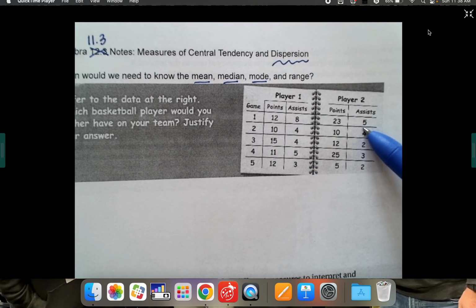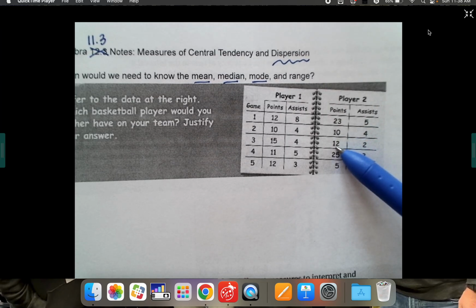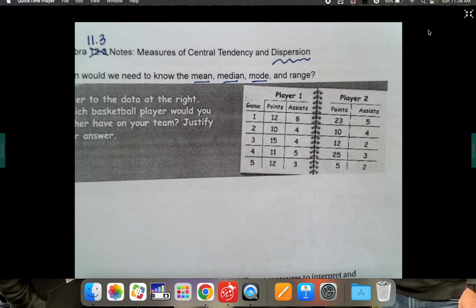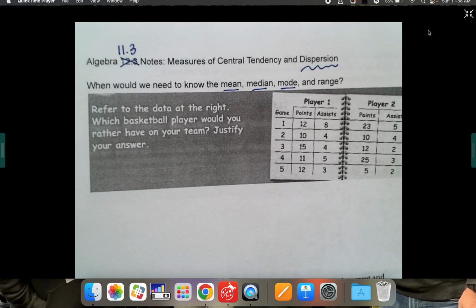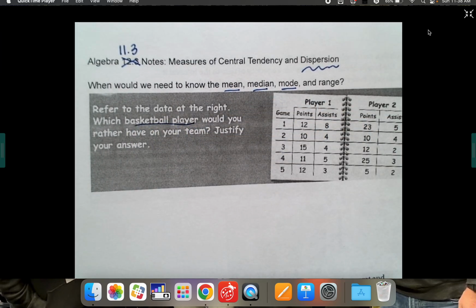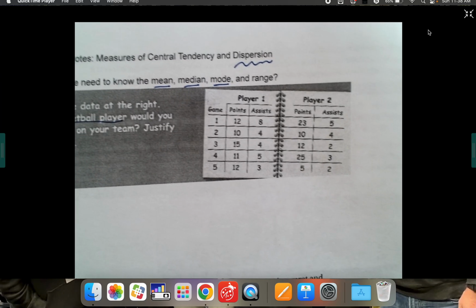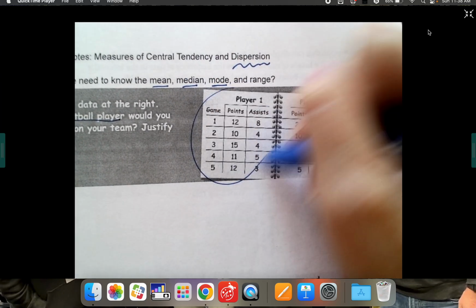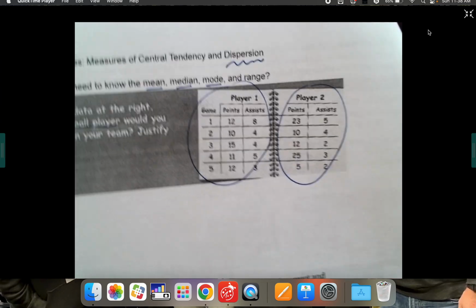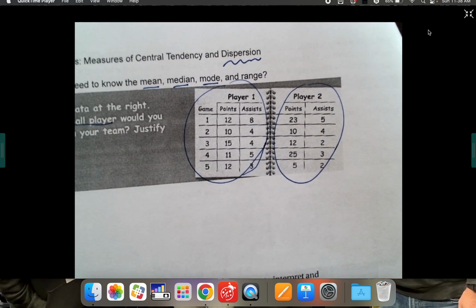Points and assists in game 1, points and assists in game 2, game 3, game 4, game 5. So take just a minute to look at this and decide which basketball player you would more likely have on your team based on player one's statistics and player two's statistics.